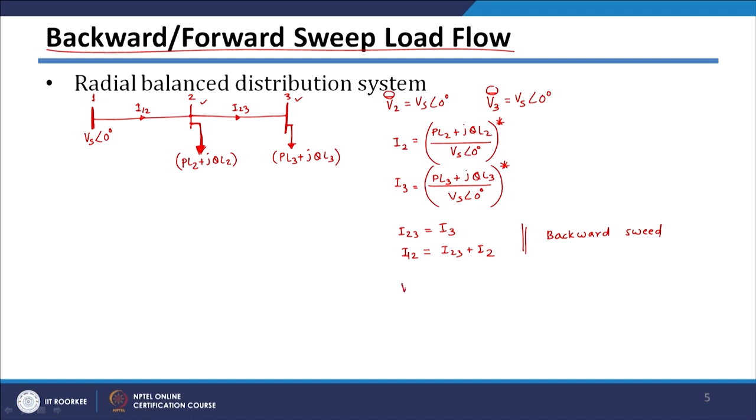So, I can write the equation for V2 will be equal to V1, which is basically Vs angle 0 degree, minus the drop across this particular line, whose impedance is say Z12 and current flowing through it is I12. Similarly, I can calculate voltage V3 will be equal to V2 minus Z23 into I23 and this is called the forward sweep.